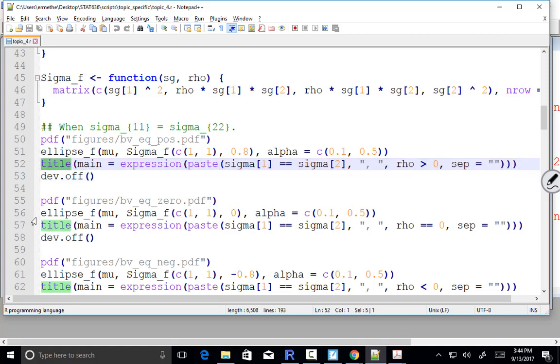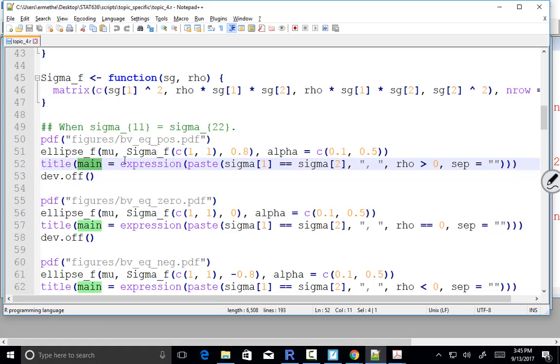If you look at the help file for title, what it does is add a title up top or an x-axis or a y-axis label, depending on the syntax that you use. It adds those things to an already created base plot. So I'm going to say title, and I want a main title. That means up top, across the top of it.